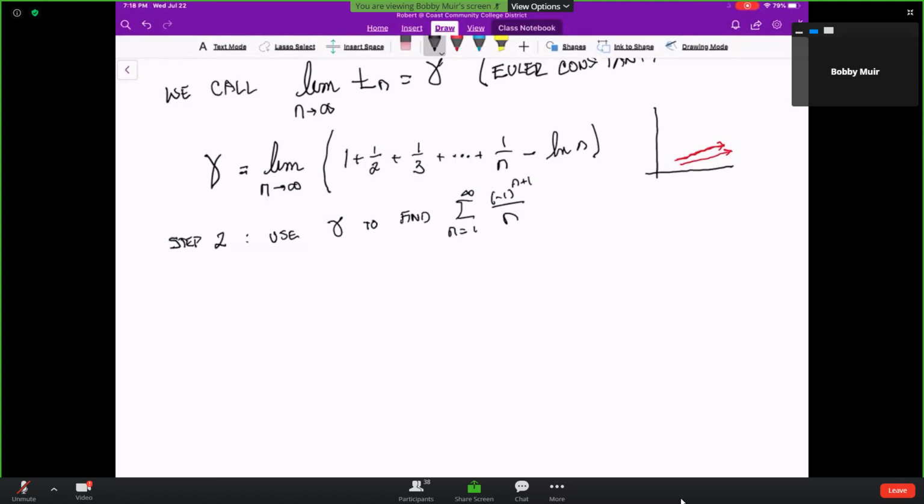So apparently just having it alternate makes it converge. So what I'm going to do is let h sub n be the following. Let me write it as a sum: the partial harmonic series, sum from 1 to n of 1 over k.